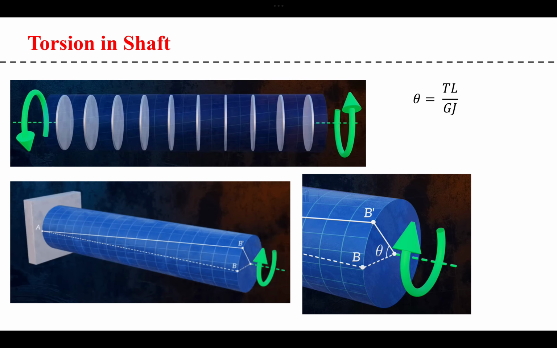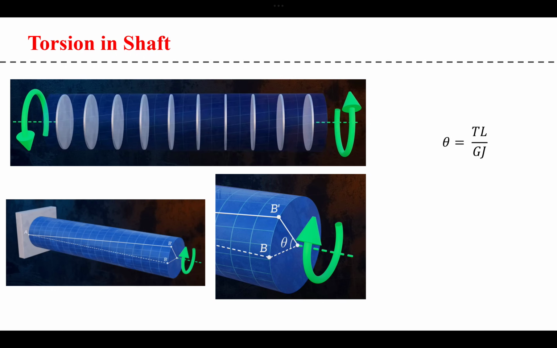It is calculated using this formula, where theta is the angle of twist, T is the torque as we already discussed, and L is the length of the shaft. So from point A to point B, that is the total length of the shaft. As you move from point A to point B, your twist angle is increasing, so the angle also depends on the length of the shaft.